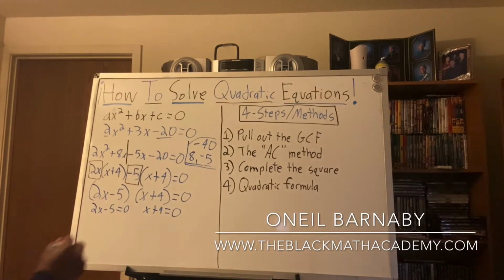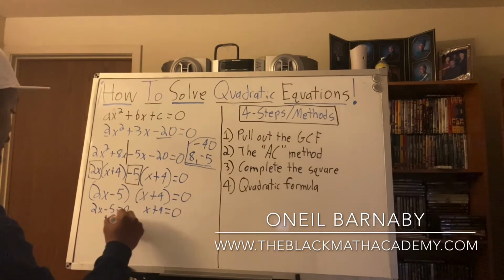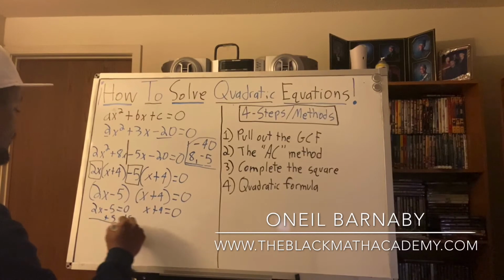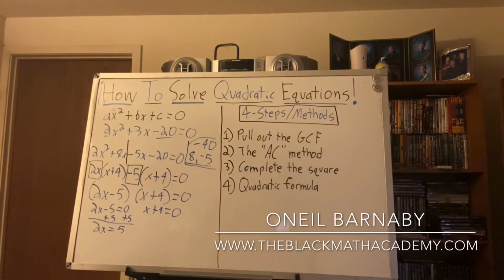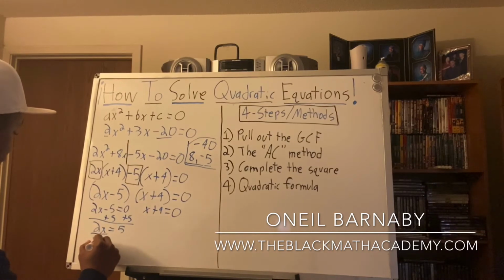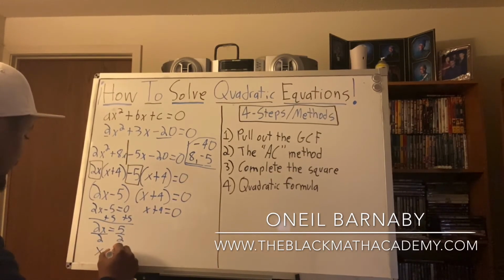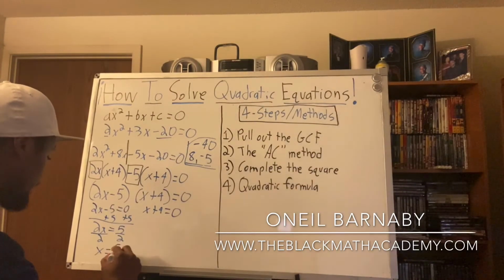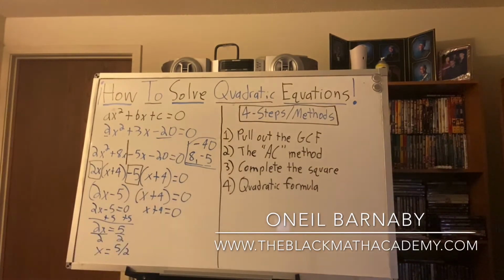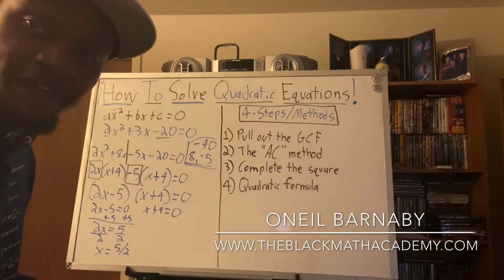So for the first one, you would add 5 to both sides first. You get 2x equals 5. Then you would divide both sides by 2. You get x equals 5 over 2. Let me write that again so you can see it clearly. So the fraction 5 over 2, or 5 halves.